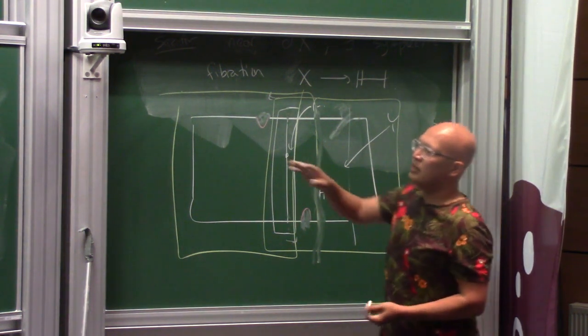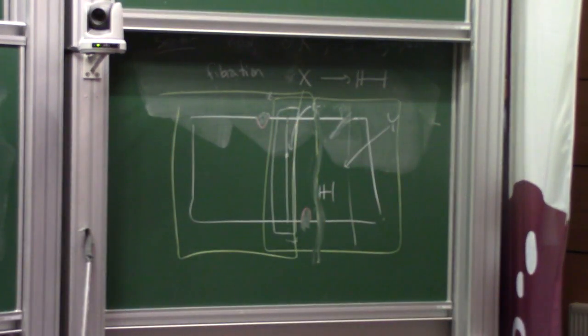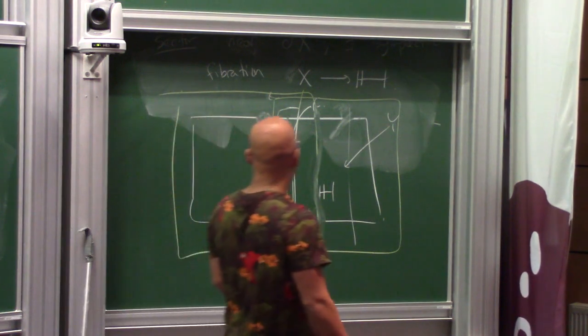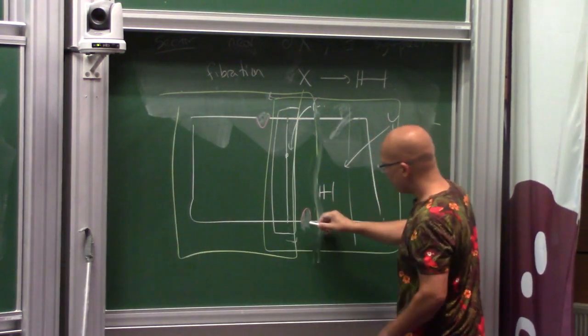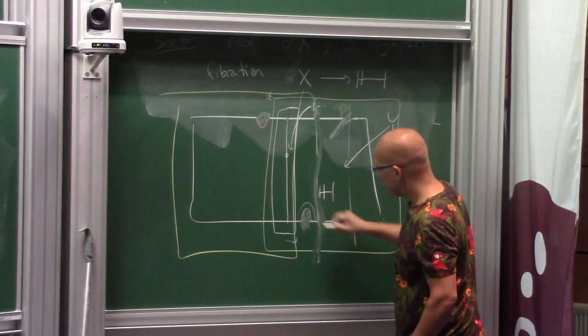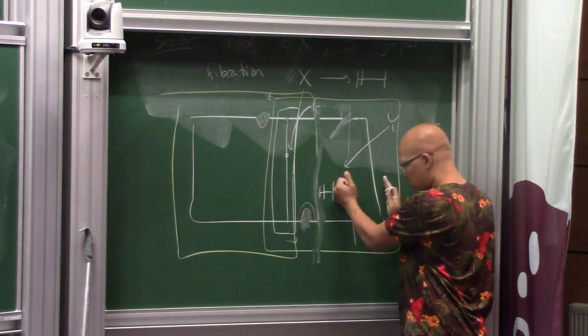I explained that this thing is generated by co-core sectors, and by this generation argument, all the linking sectors here can be expressed in terms of somehow images of the co-core sectors here and the co-core sectors there.